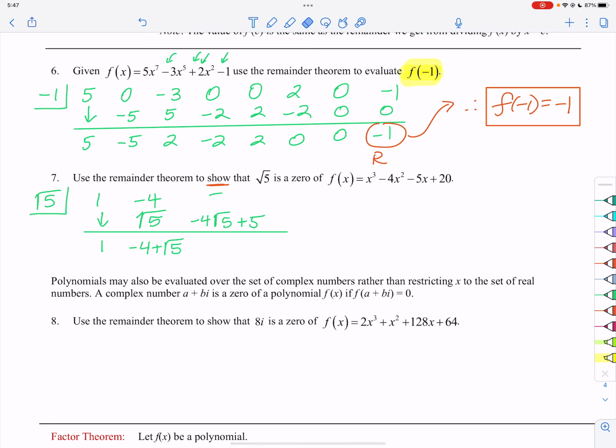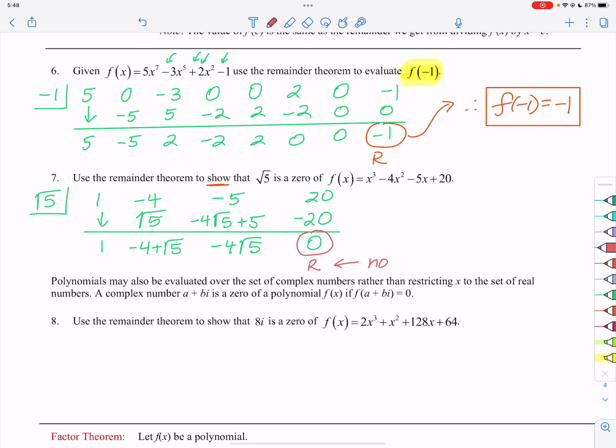And I'm going to have to move these two over a little bit. And then when we add that up, we'll get the opposite of 4 root 5. And then multiplying those two together, we get a -20. And guess what we get for that remainder? You guessed it, that remainder is 0.